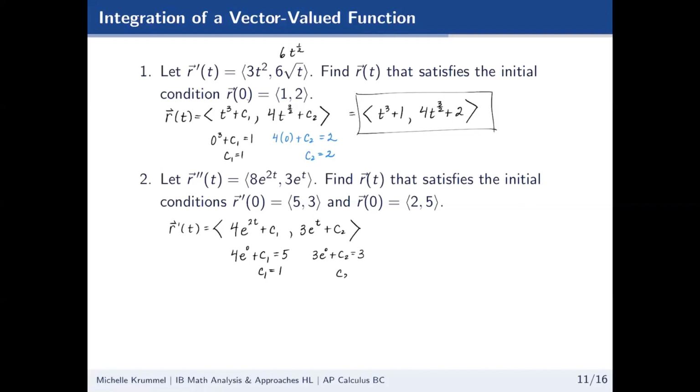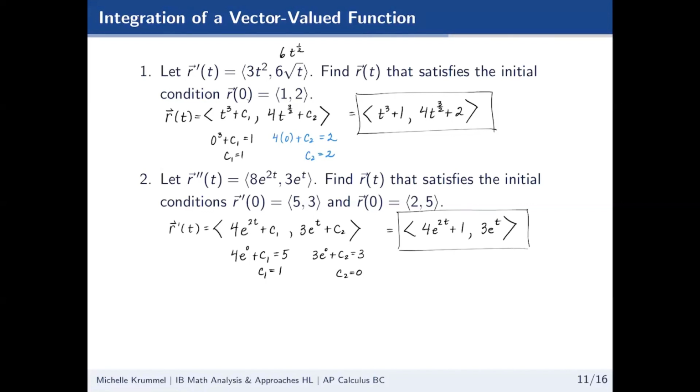And that means that c2 equals 0. So I actually was right, coincidentally. This r prime of t is going to be the vector with x component 4e to the 2t plus 1. Y component just 3e to the t, because that c value is equal to 0.